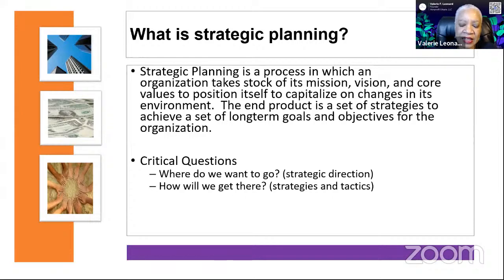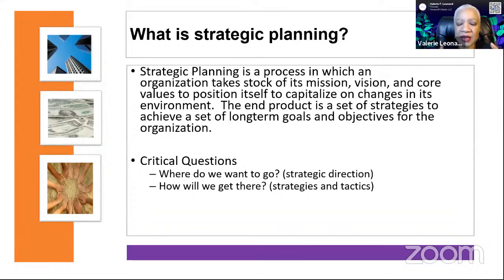All right, and the critical questions are, where do we want to go and how will we get there? The where do we want to go question determines the strategic direction, and that's broad and at the organizational level. And then also at the organizational level, how do we get there? That will be strategies and tactics.